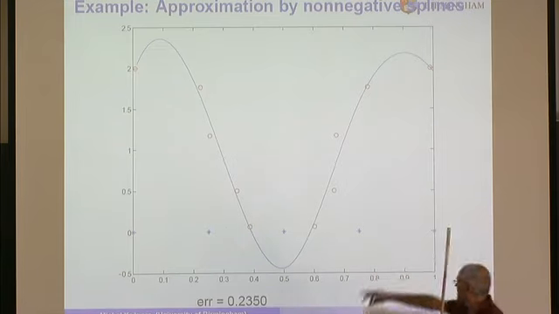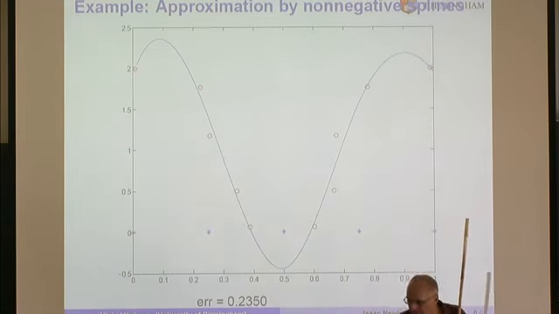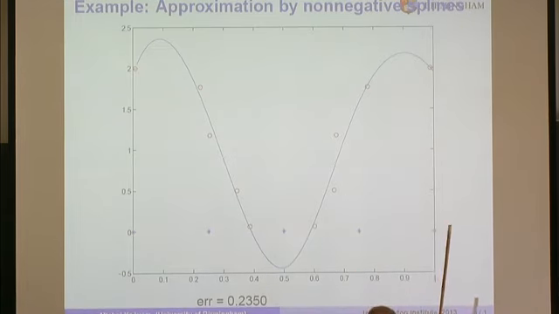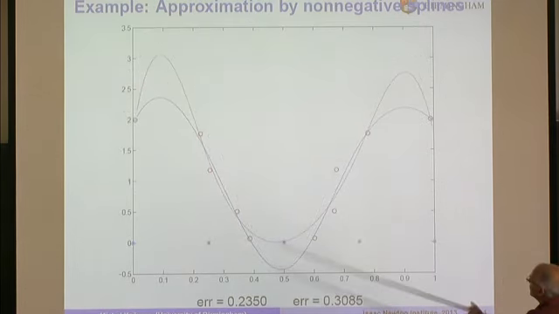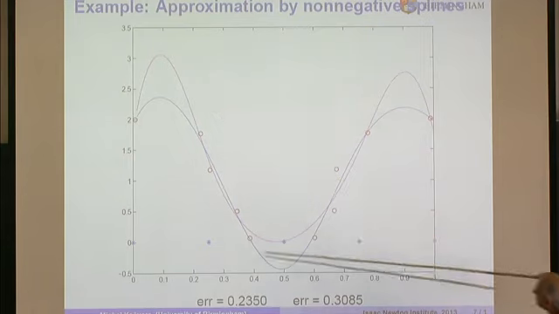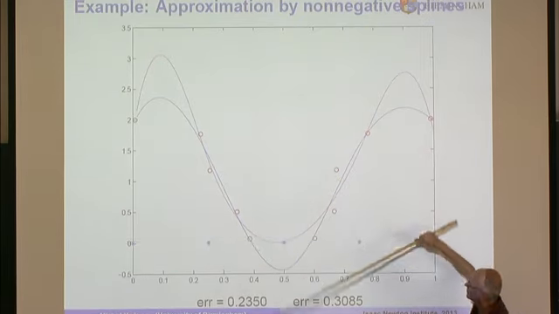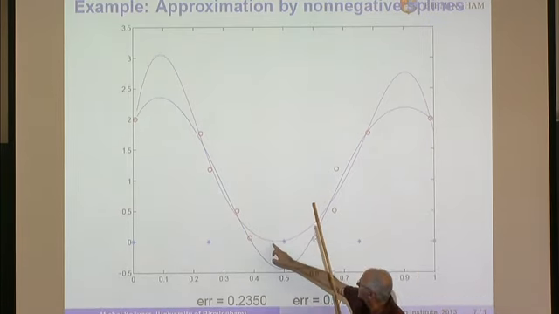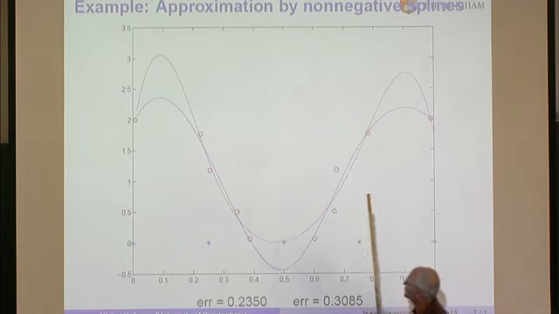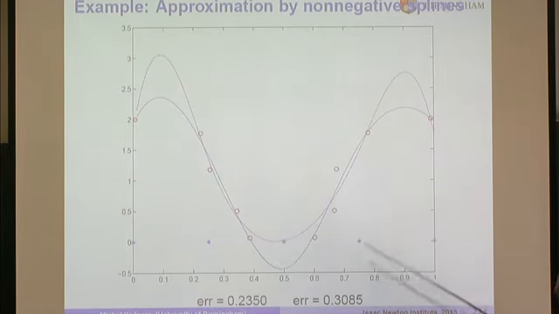And the error of this approximation is that one. Now if I add the non-negativity constraint, I will get the red spline, which indeed is non-negative. It does not go below 0, and not only in that point, but also here. Here it's even positive. So it's not about the coefficients of the spline, it's really about the spline itself.